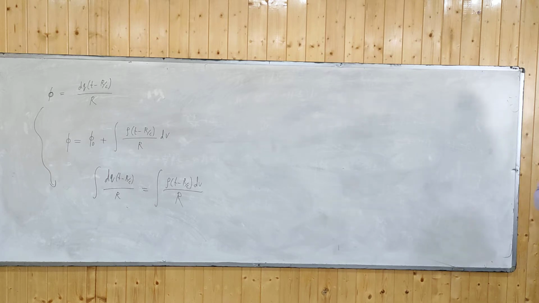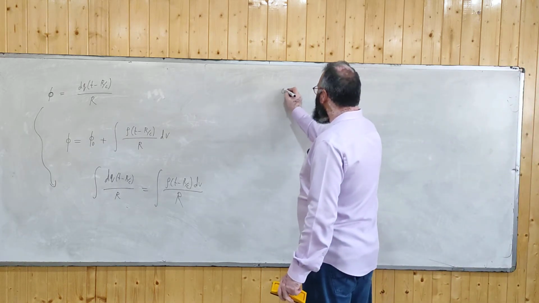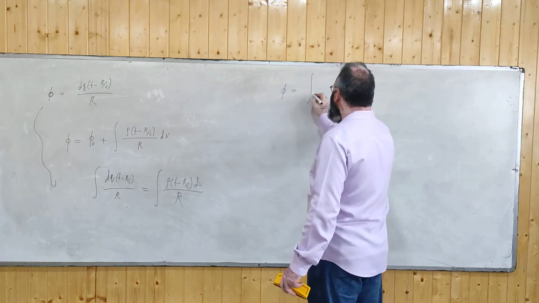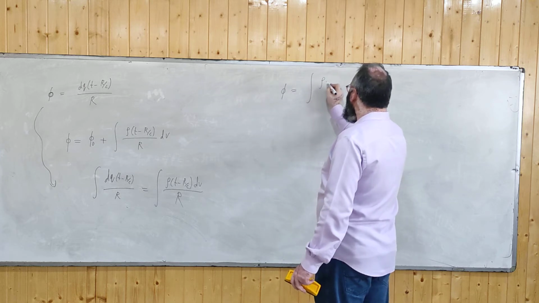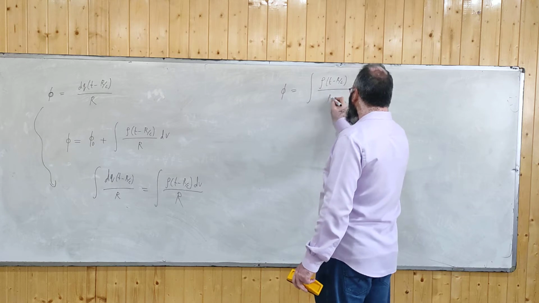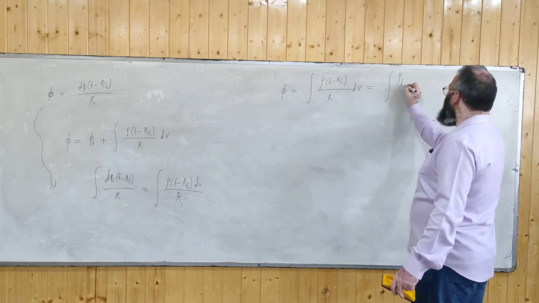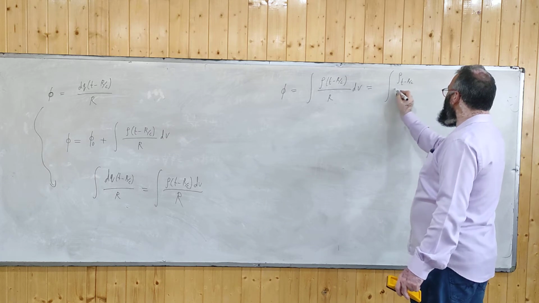So I'll write this phi. Okay, forget about the homogeneous part. So I'll write this phi is equal to the integral of rho of t minus r by c divided by r dv. So let me write it in shorthand notation.